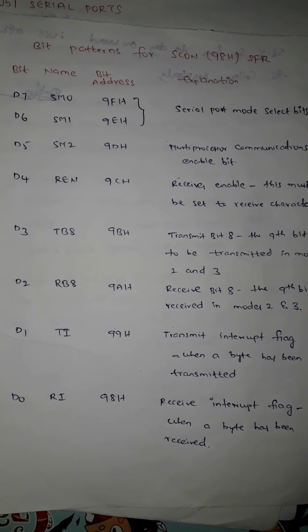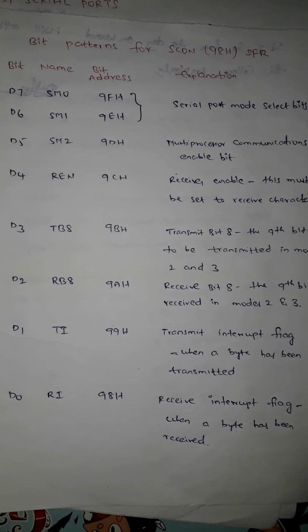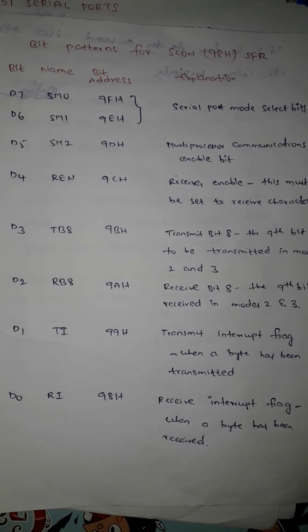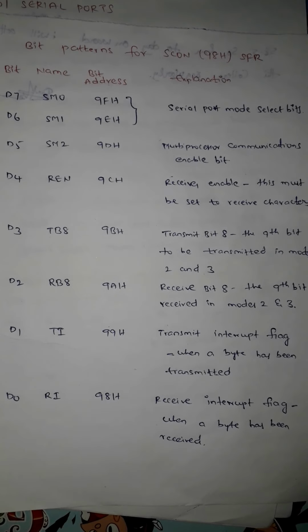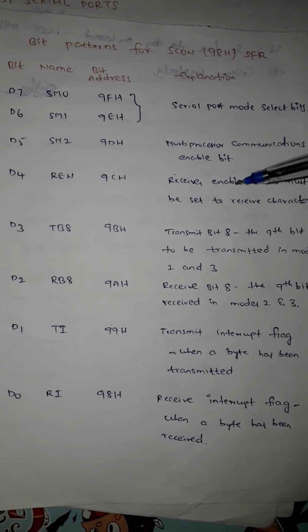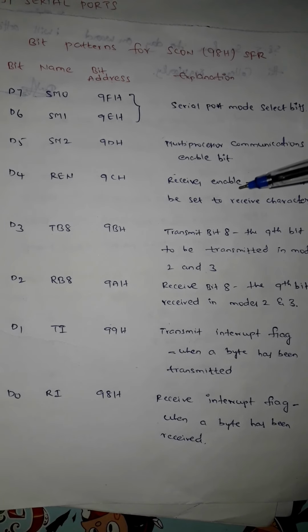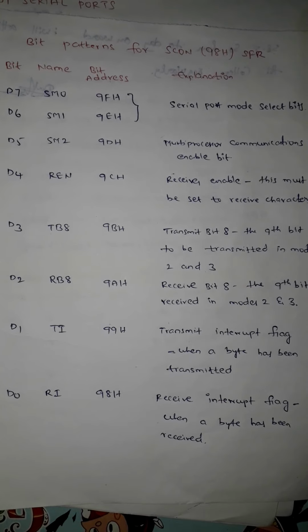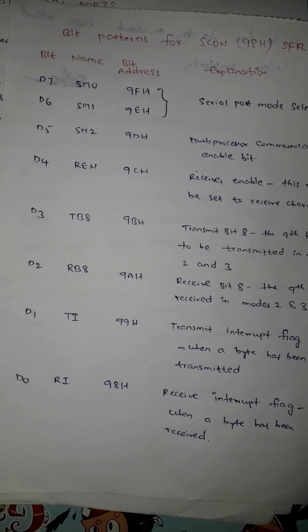So this is about the SCON register. By using the serial control register, you can set one of the modes, transmit or receive the additional 9th bit, and set the interrupt flags while transmitting and receiving the data.